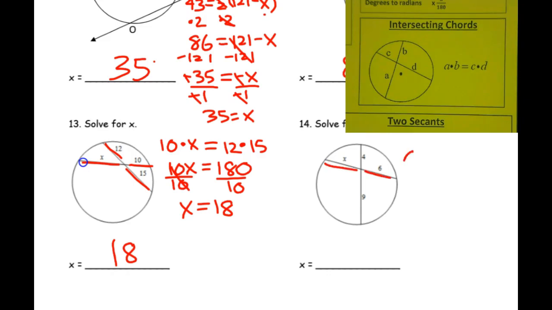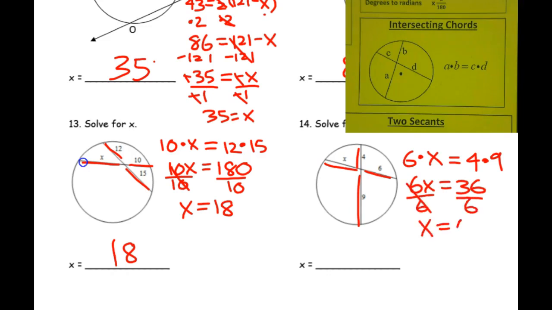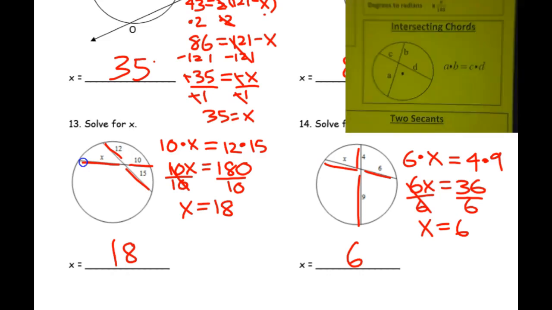Multiply two parts, so 6 times x equals, multiply the parts, 4 times 9. So 6 times x is 6x, 4 times 9 is 36, and then we divide that coefficient to get 6 units. Alright, so we got to be able to find these things on our formula chart. They're all there.